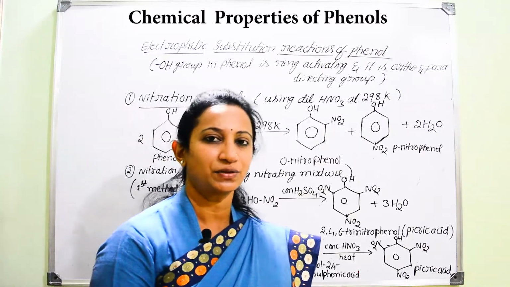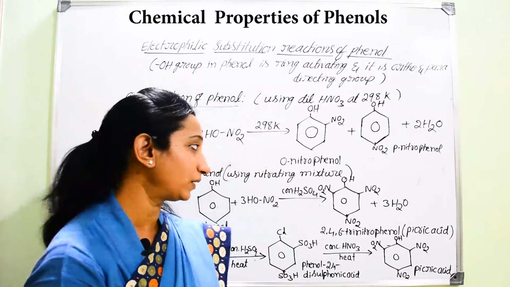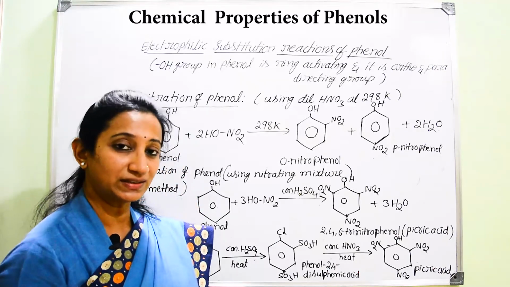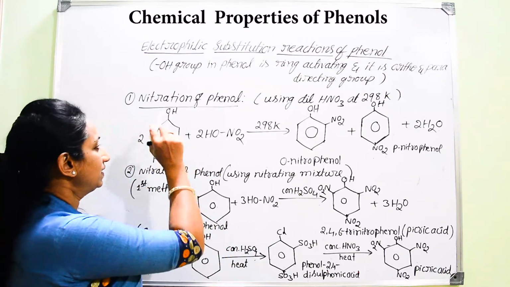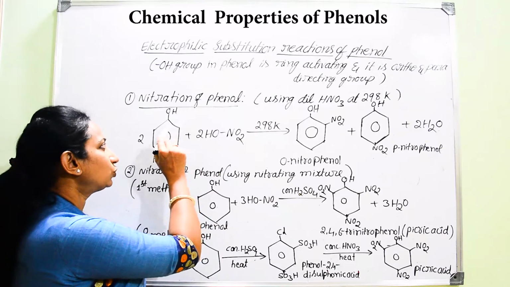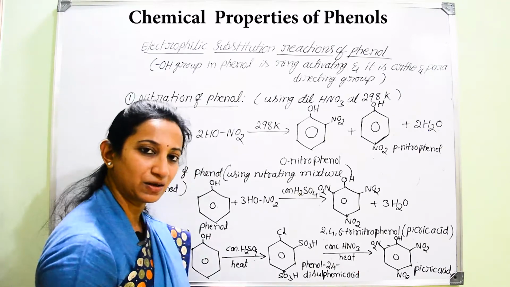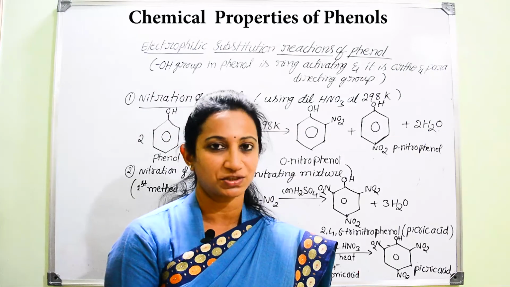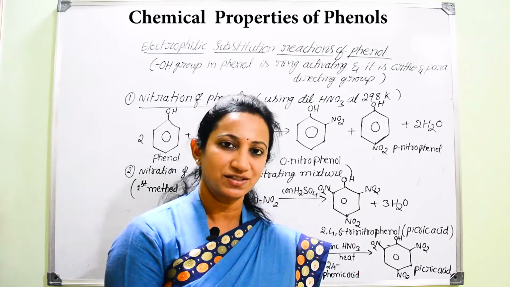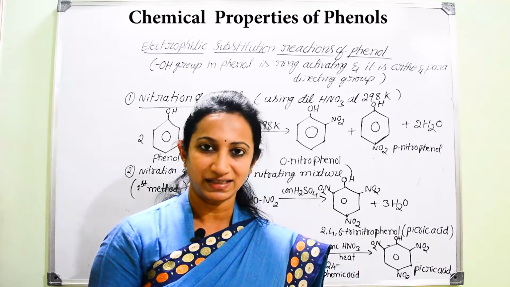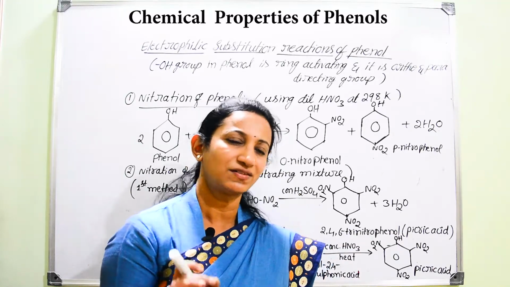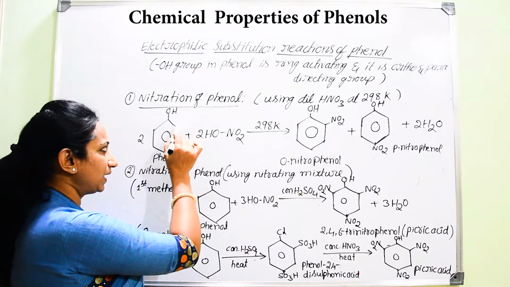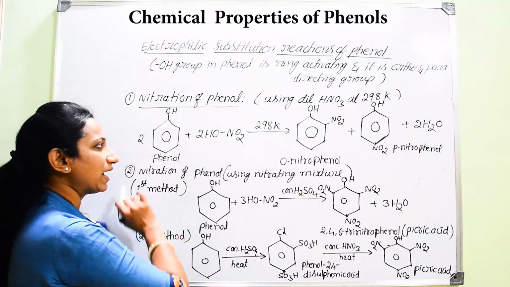Because of the resonance effect, electrons will be released towards the benzene ring from the oxygen atom, so that there will be an increase in the negative charge at ortho positions as well as at para positions. That will be clearly understood with respect to the resonance structures of phenols. As you can see, this negative charge will be richer at the ortho and para positions.